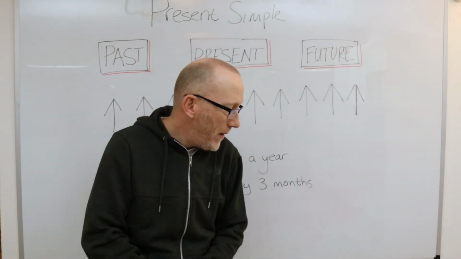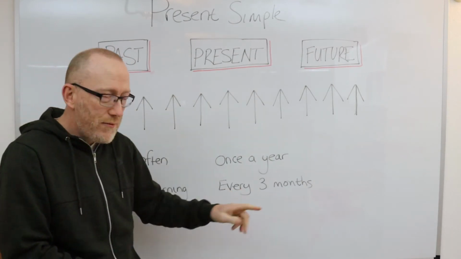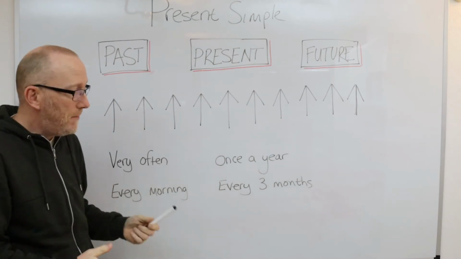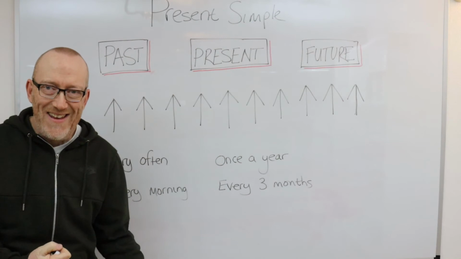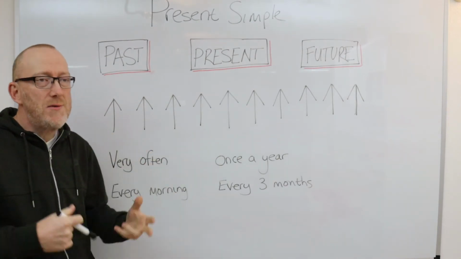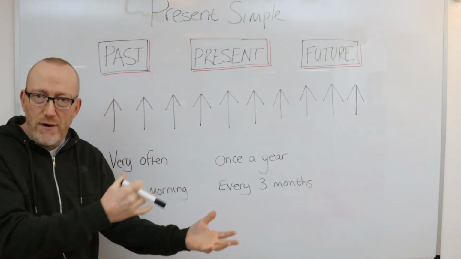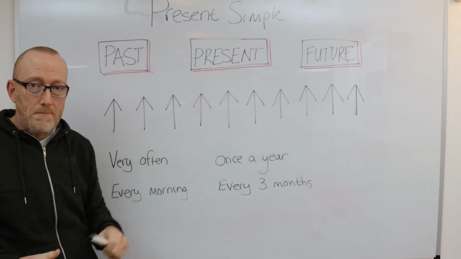I probably go to see my financial advisor every 3 months. So these are just some more examples of time markers of frequency. There are many, many more, but these are the kinds of time markers and adverbs of frequency that you want to be using with the present simple.